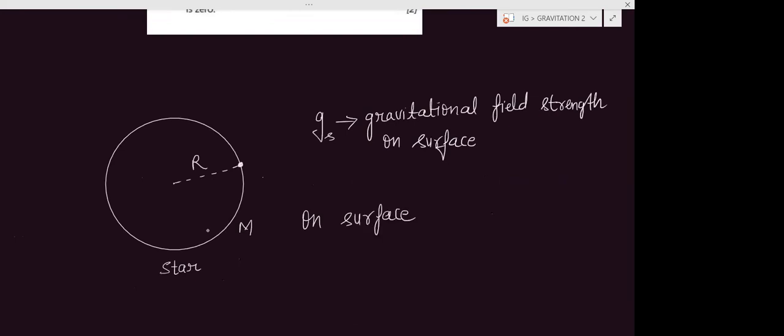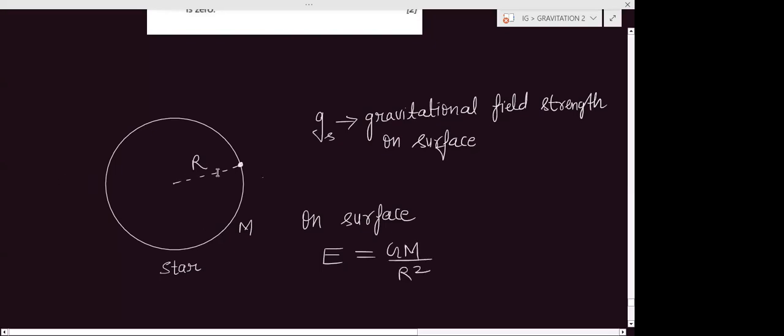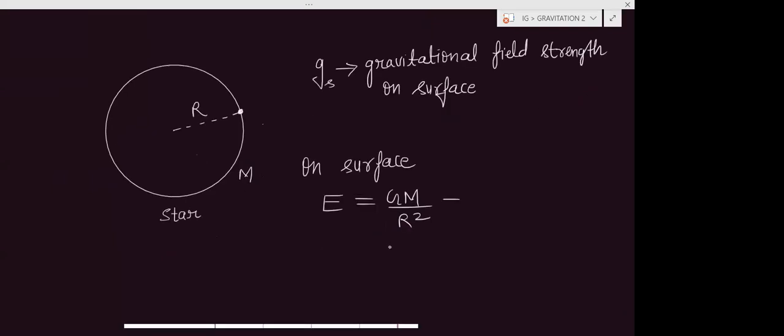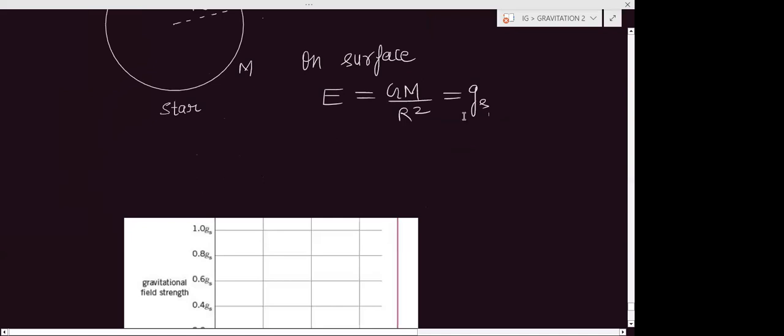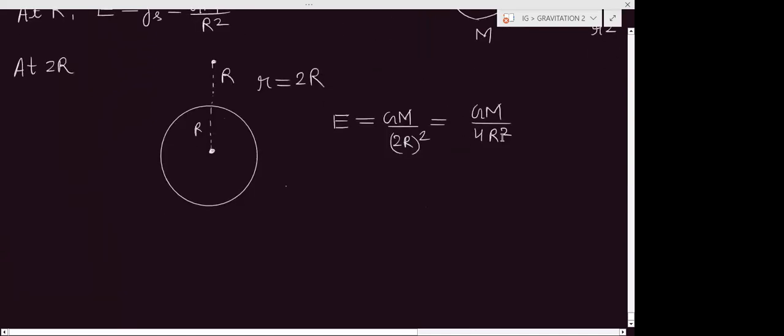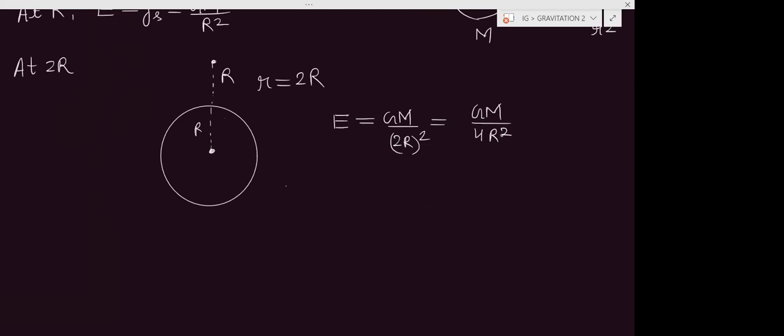On surface, the gravitational field strength will be GM divided by r square, radius of the planet square, and this value is given as Gs. So GM by r square is equal to Gs. So it will become Gs divided by 4. So it will be equal to 0.25 times Gs.